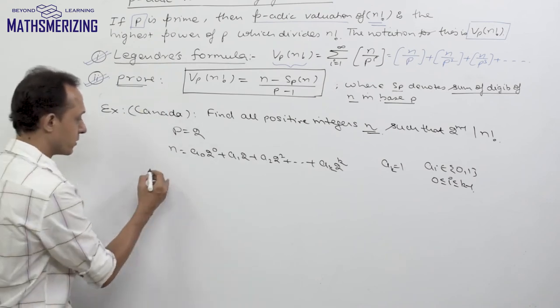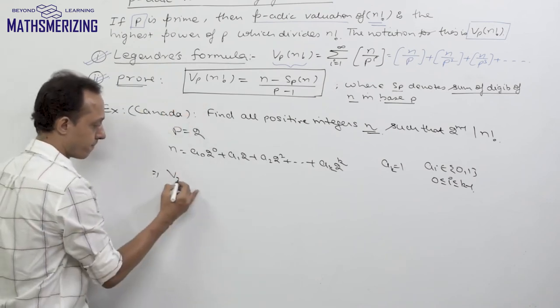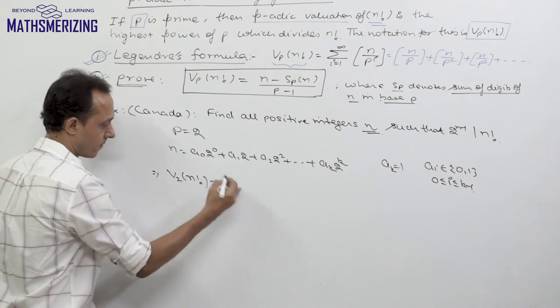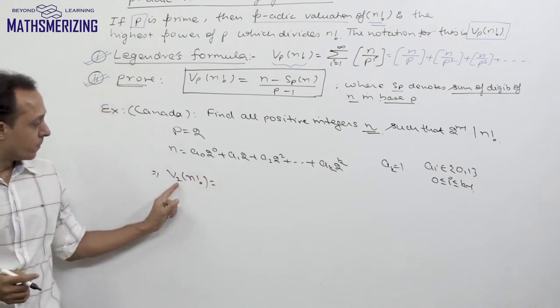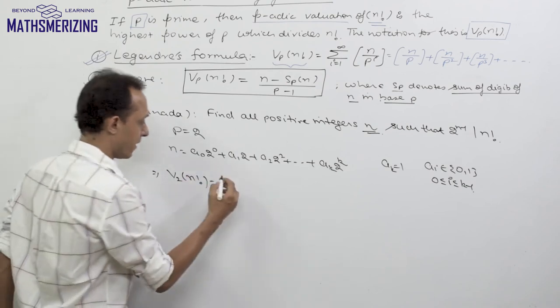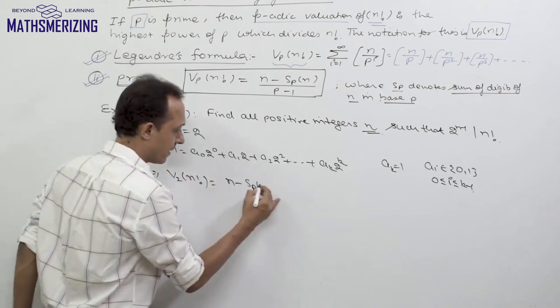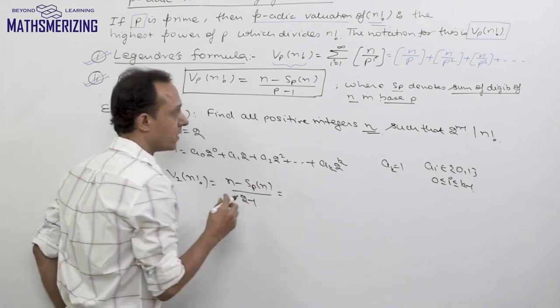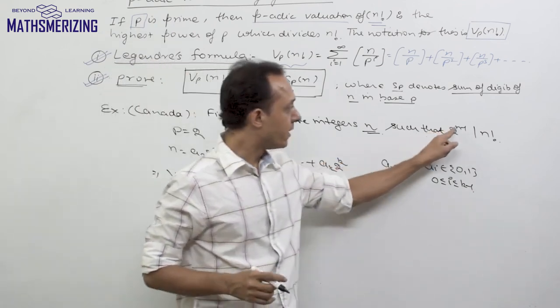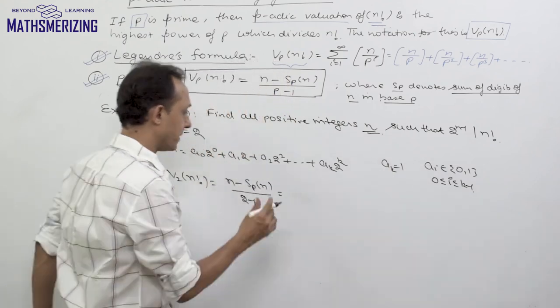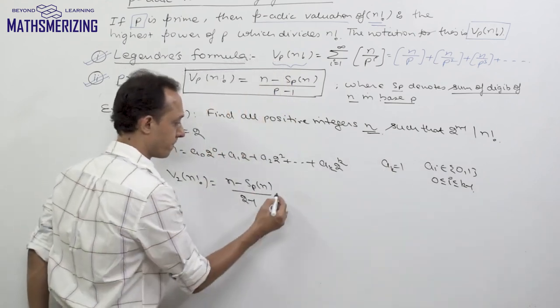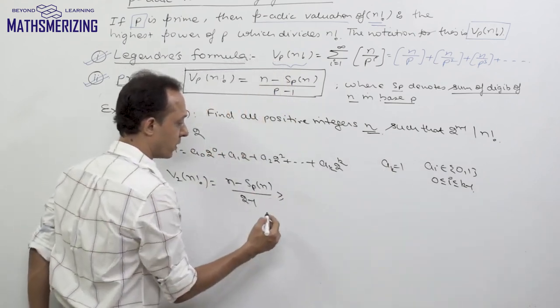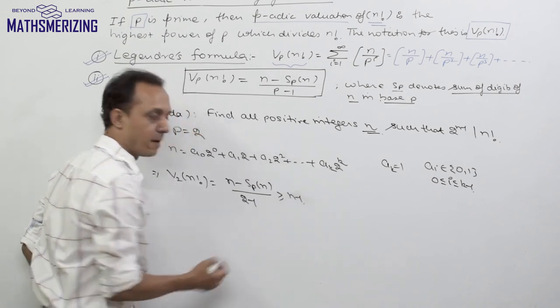Now if we use this theorem, then p-adic valuation of 2 in factorial n will be n minus Spn upon p minus 1. P in this case is 2, so p minus 1 is 1. So the number should be divisible by 2 to the power n minus 1. That means this number should be greater than or equal to n minus 1.